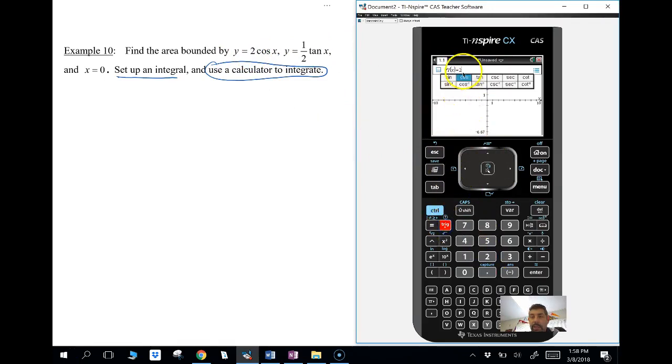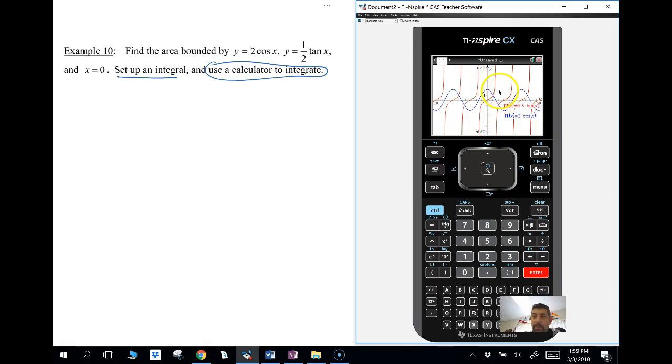So 2 cosine x. You got to make sure that you're in radian mode. And then we'll also graph 1/2 tangent x. Half tangent x, enter.